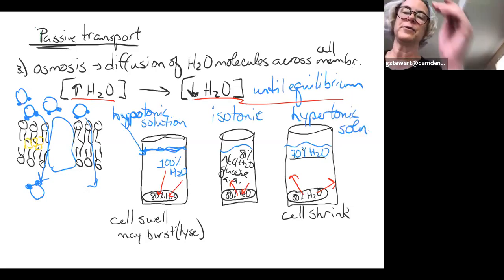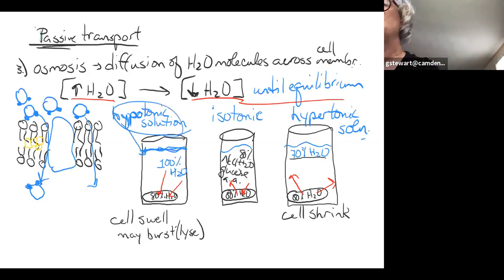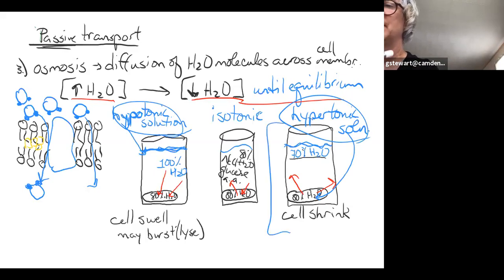Now, the hardest part for students most of the time is that these words, hypotonic, isotonic, hypertonic, especially the hypo and the hyper, we can use that to describe either the solution that we put our cell into or the solution inside the cell. In the case of this particular scenario, this particular beaker, the solution is hypertonic.